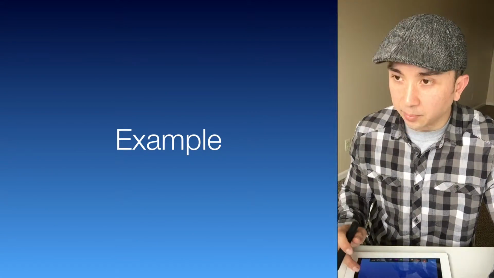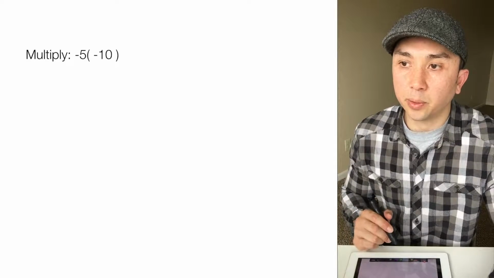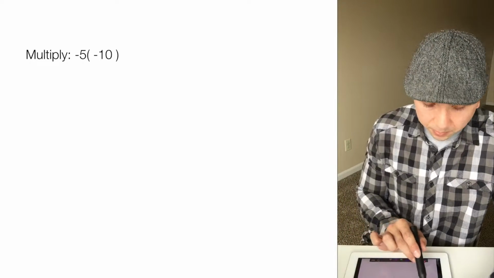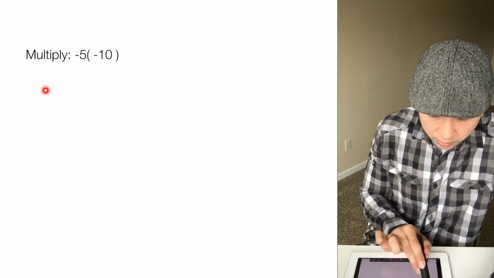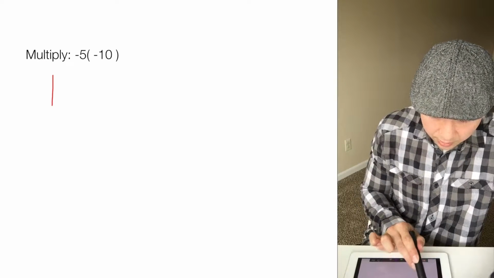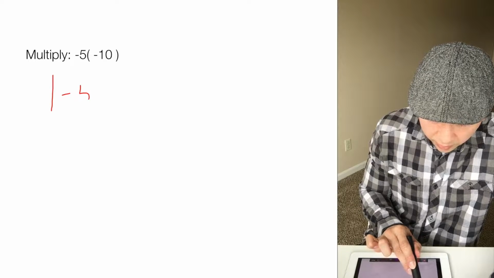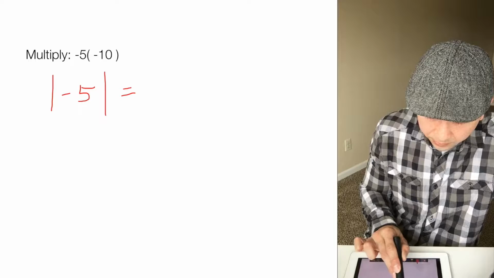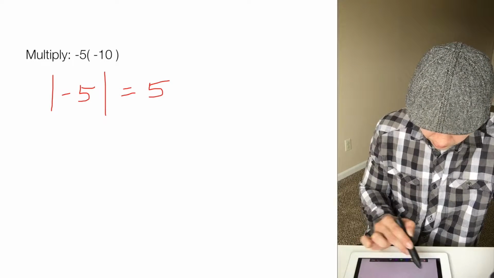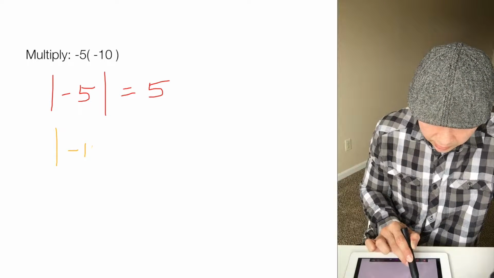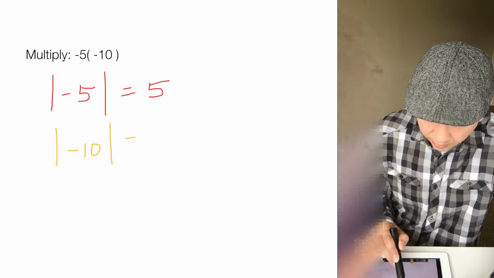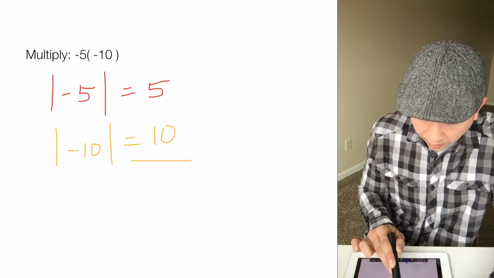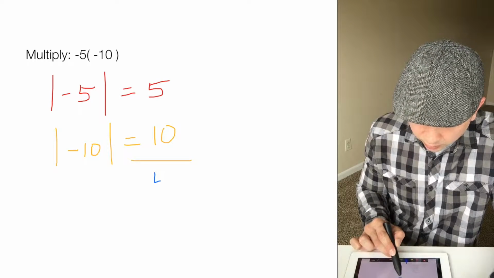So let's do an example. Let's multiply negative 5 times negative 10. The first thing we're going to do is take their absolute values. The absolute value of negative 5 is 5, and the absolute value of negative 10 is 10. Now we're going to multiply 5 times 10, which is 50.